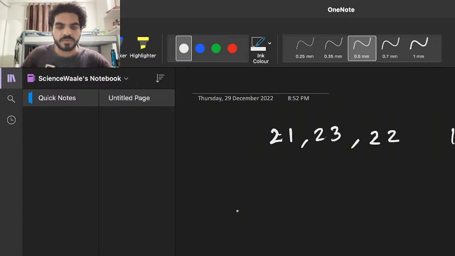The simple method here is to take the LCM, because when we take the LCM we will find the smallest number which is divisible by all three, and then we will add 18, because in that case all three will leave the remainder 18.